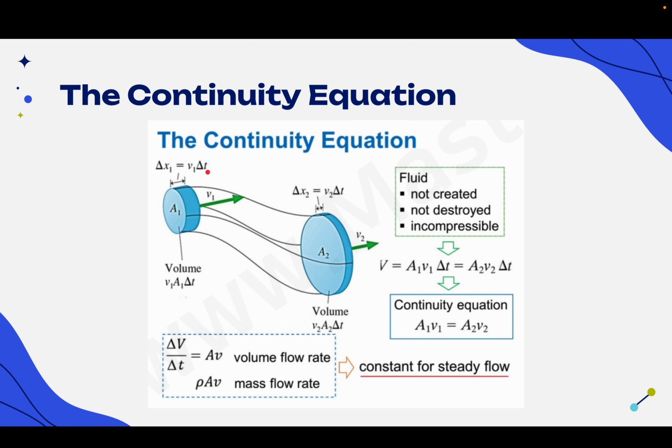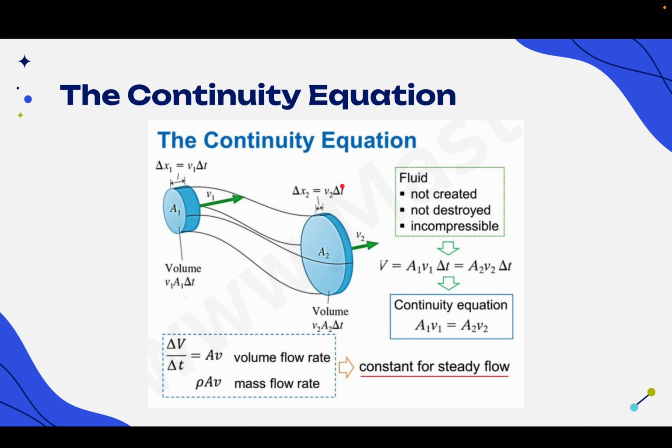So this is what we're doing here. Delta t is the time frame that we are measuring, and this is v1, the velocity of the fluid here, and then we multiply those to get delta x1. So this section is delta x1.